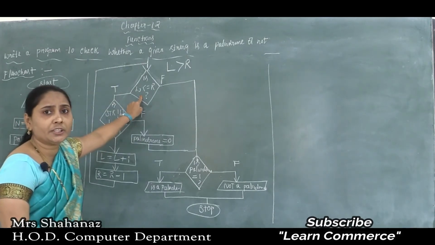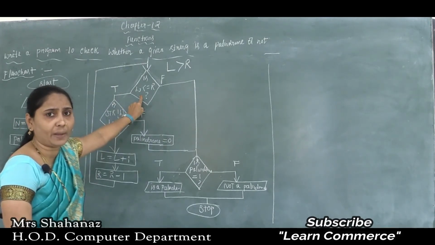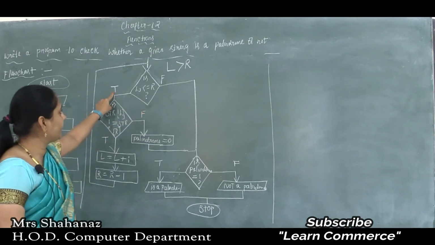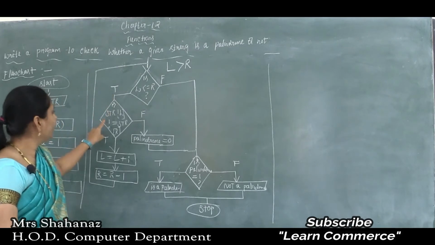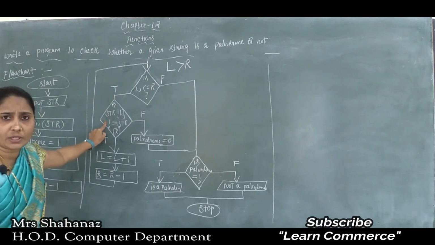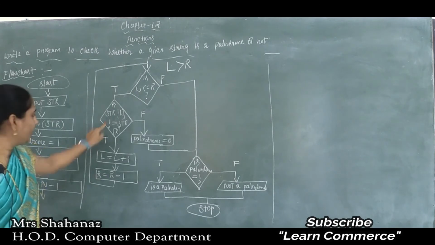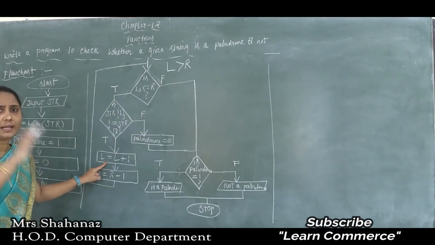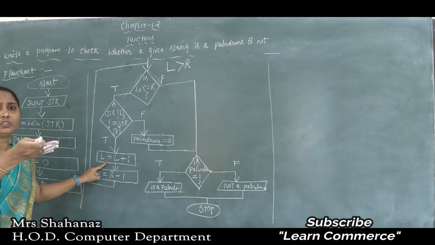The left value should be less than the right value. If such a condition is true, then we need to check one more condition: whether the left value is equal to the right value. If the condition is true, that means after checking the first and last character, we go on to check the next character with the second last character.